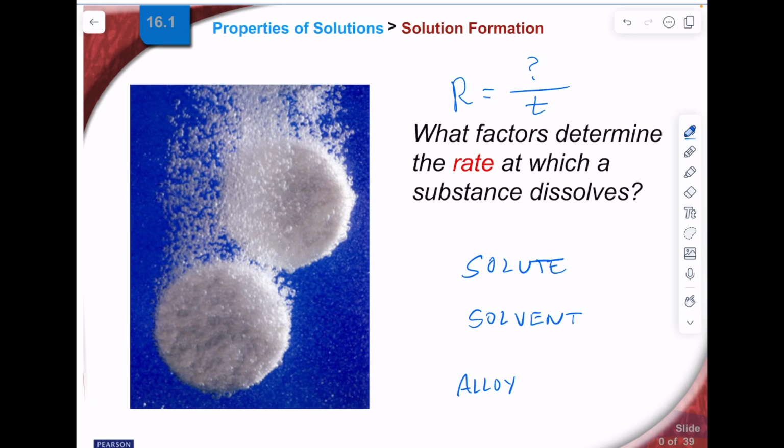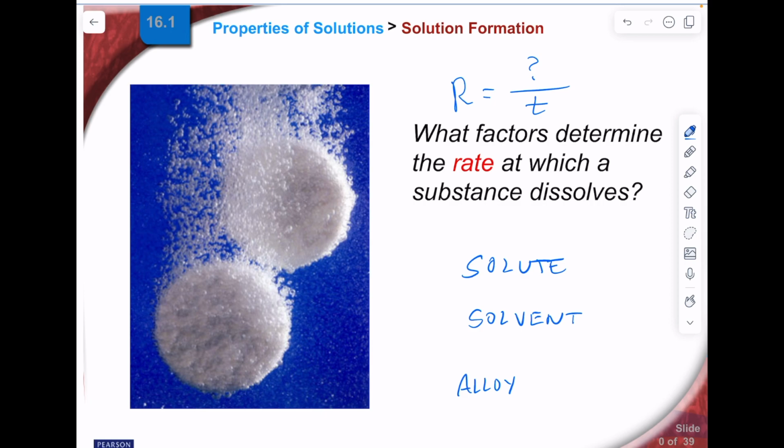The rate at which you eat food during the day might be not just your 3 meals, but your number of snacks divided by time, 24 hours. We could talk about the rate of cars going down the interstate, the number of cars divided by a period of time, like per minute or per hour or per day.